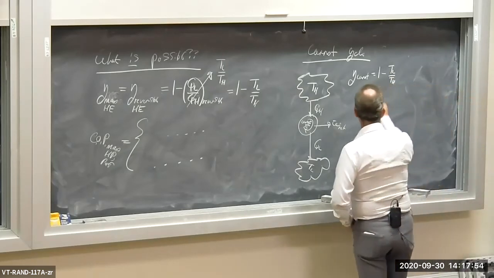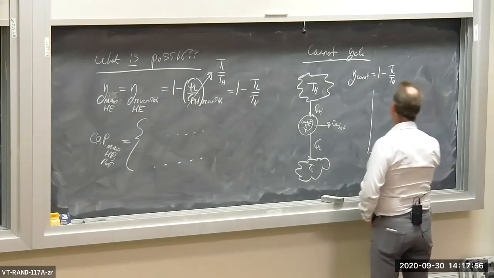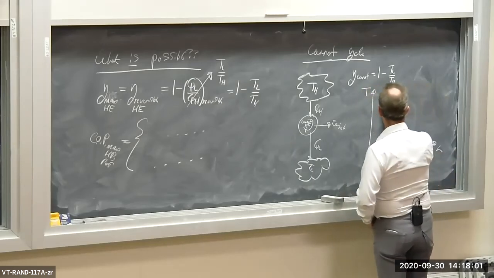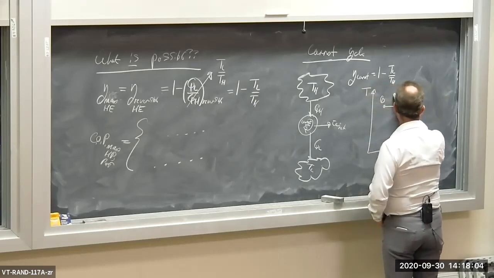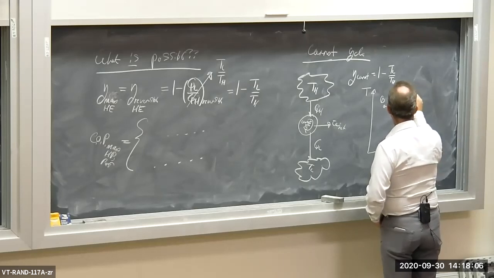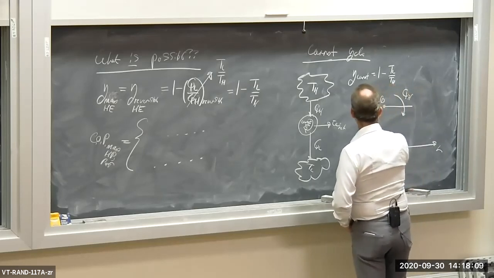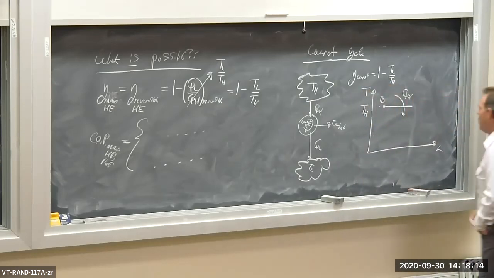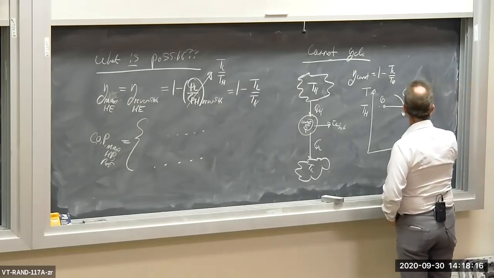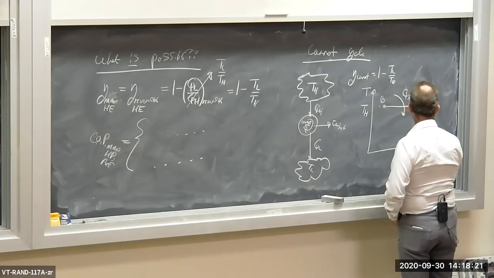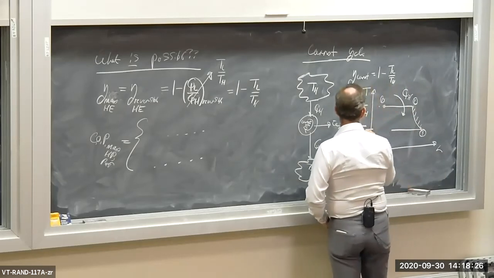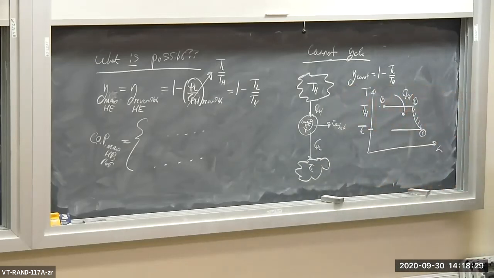What are the processes involved with this Carnot heat engine? We start with isothermal heat addition from the high temperature reservoir. The system starts off at the high temperature, isothermal heat addition from state 1 to state 2. Then we have adiabatic expansion from state 2 to state 3, and the expansion is all the way down to temperature TL, the low temperature reservoir temperature.